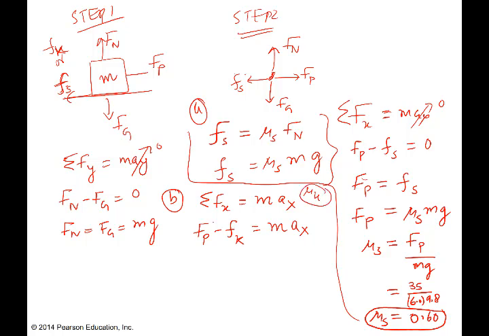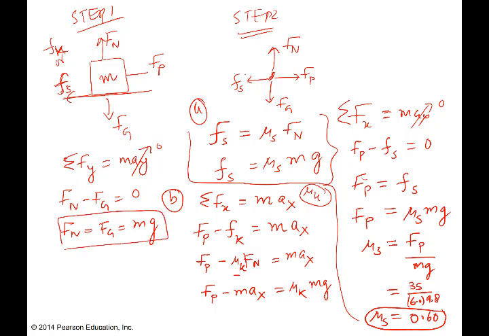So Fp is still 35, but I want to rearrange the equation. Fp minus mu k Fn, because the force of friction still stays the same, the formula is still the same except we replace mu s by mu k, equals m into ax. Rearranging the terms we get Fp minus m into ax is equivalent to mu k times Fn, where Fn is equivalent to m into g, because it doesn't change.